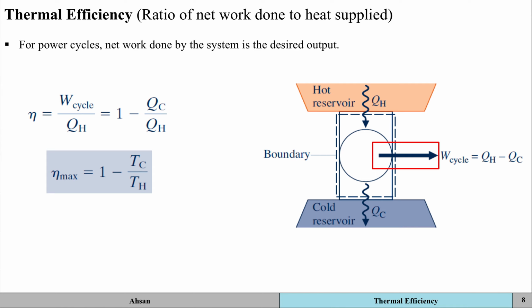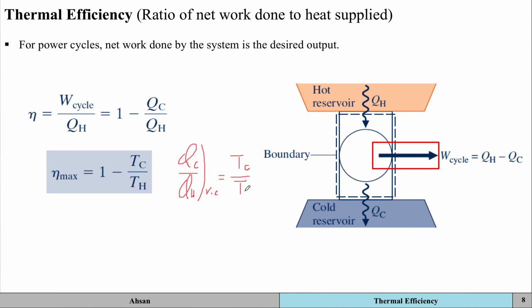And if we were looking at the thermal efficiency of a reversible power cycle, then according to the Kelvin scale, all we can say is that QC over QH, for a reversible cycle, is equal to Tc by Th.